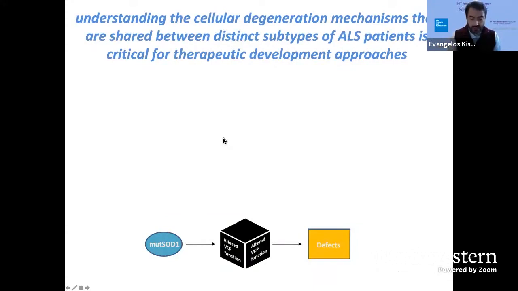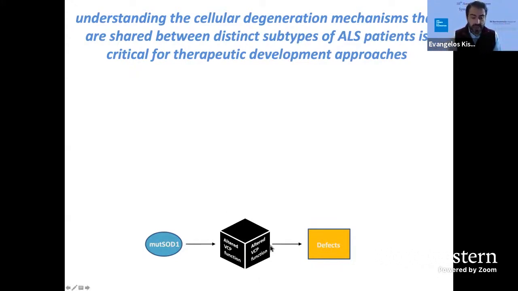So in summary, we've begun to illuminate this black box between mutant SOD1 and neuronal degeneration, and have highlighted a previously unappreciated functional interaction between two genetic causes of ALS, SOD1 and VCP.